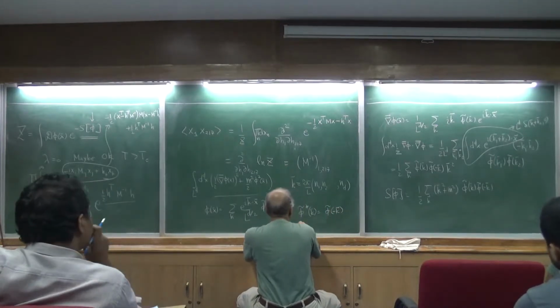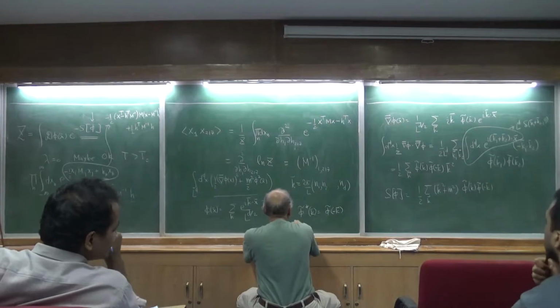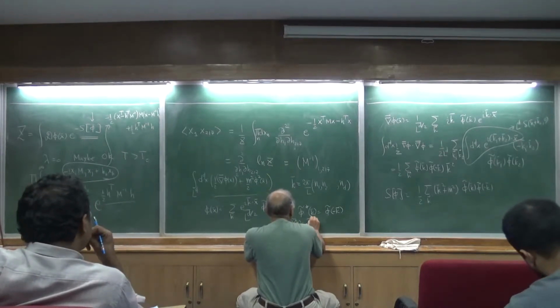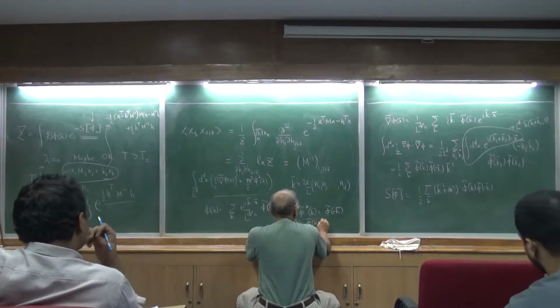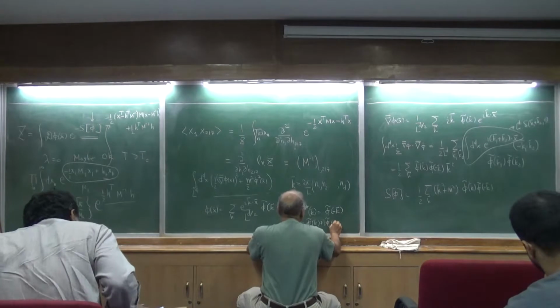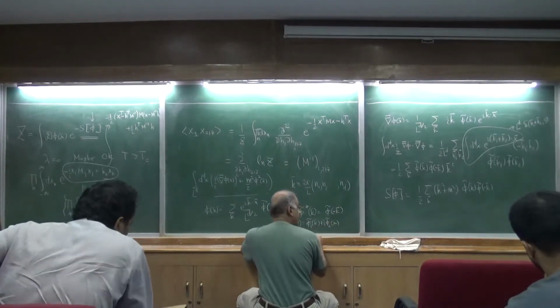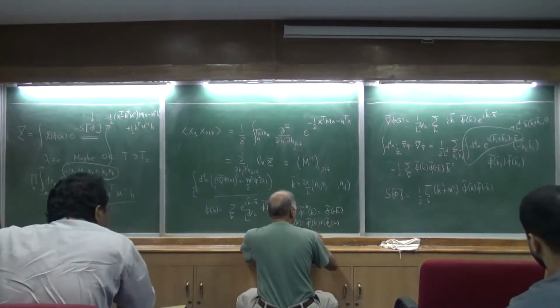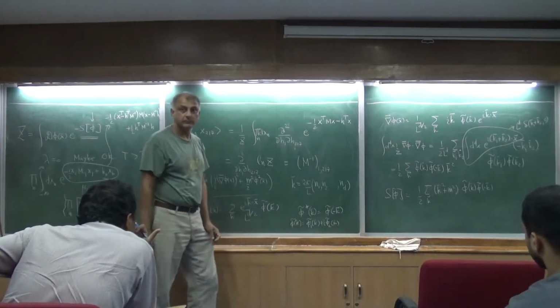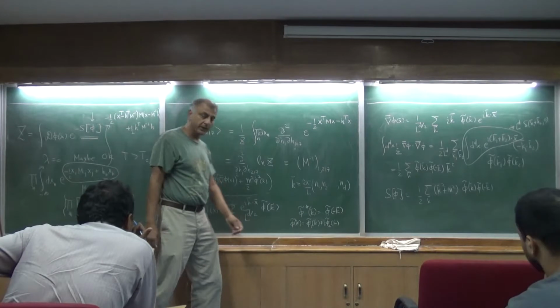Right? So if I define two real variables here, so if I define phi tilde of K as phi tilde 1 of K plus i times phi tilde 2 of K, both of these being real fields, then I only need half the set of K's. Okay, what do I mean by that?